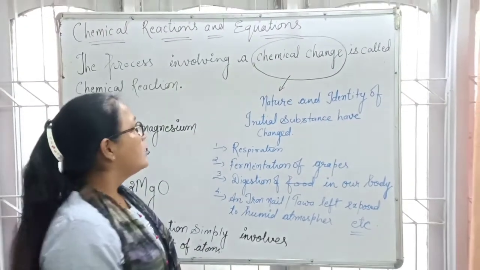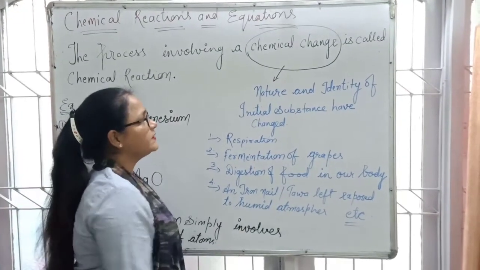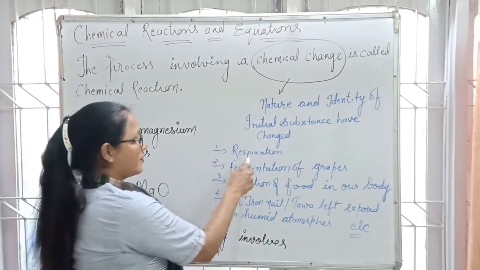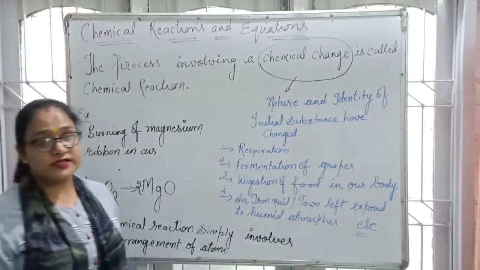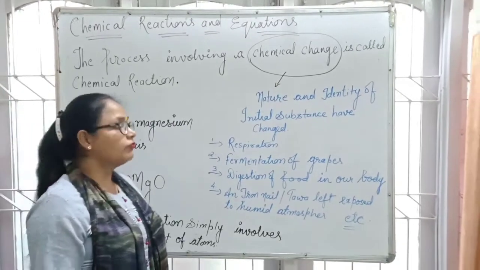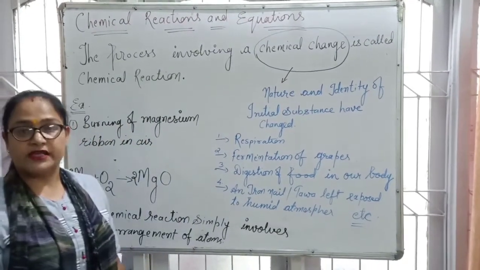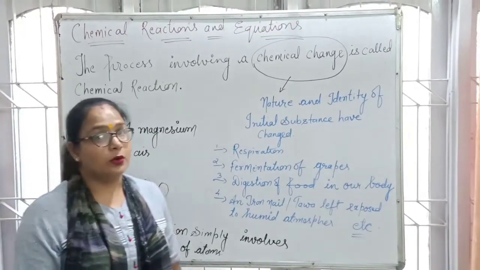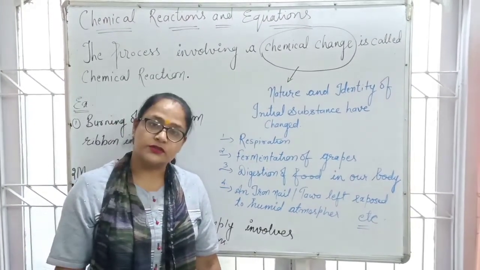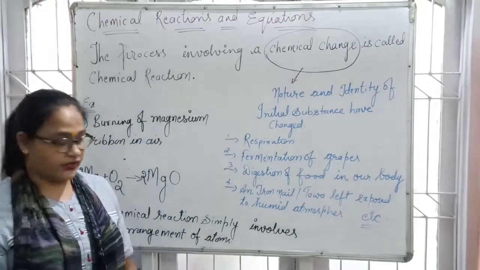I'll take a few examples related to chemical change. Number 1, the respiration process is also a chemical change. Second, fermentation of grapes. By the fermentation of grapes, alcohol will be formed. So it is an irreversible change.